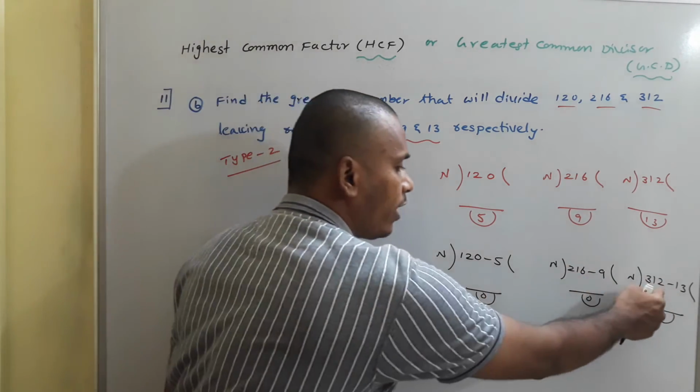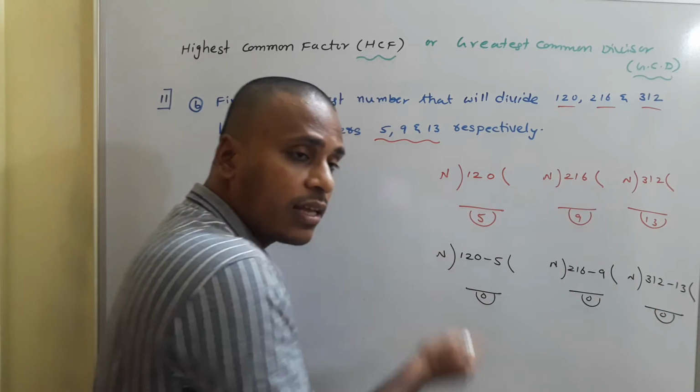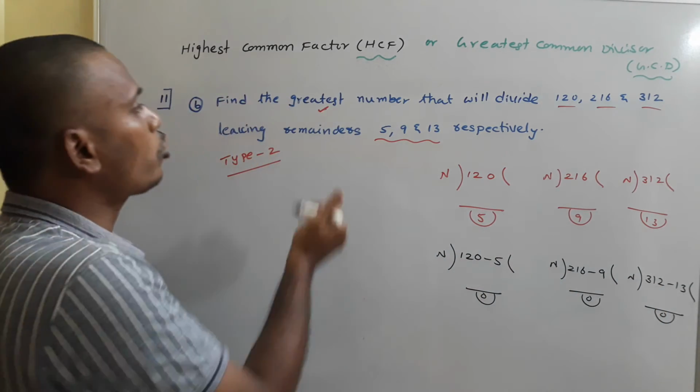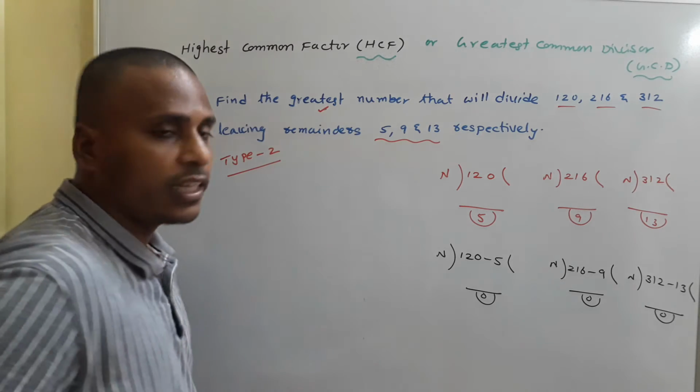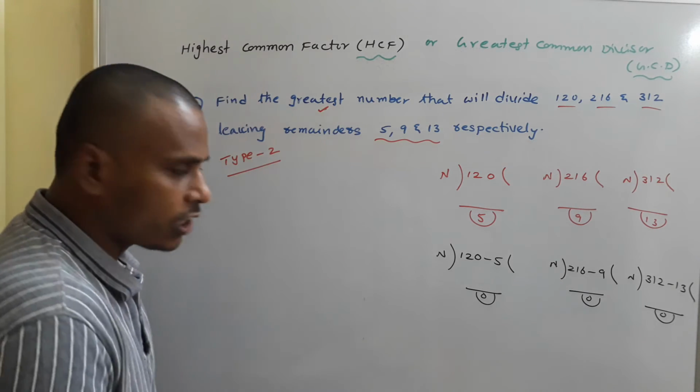Here we have three numbers, right? For these three numbers, this n is a common factor. Since the question asks to find the greatest number, we need to find the greatest common factor.